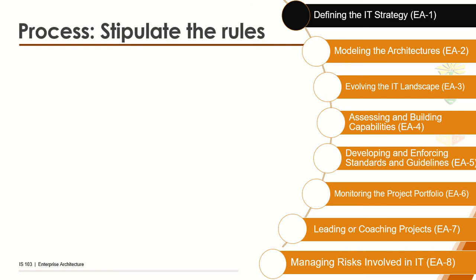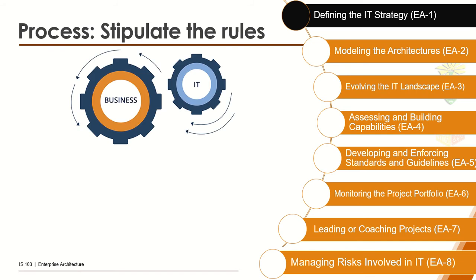The second process of defining the IT strategy is stipulating the rules. It requires intense collaboration between business and IT.